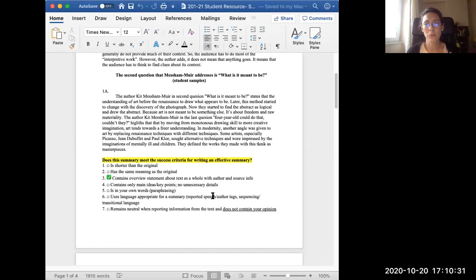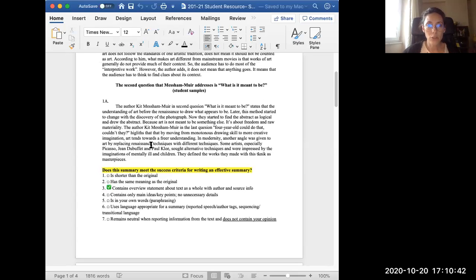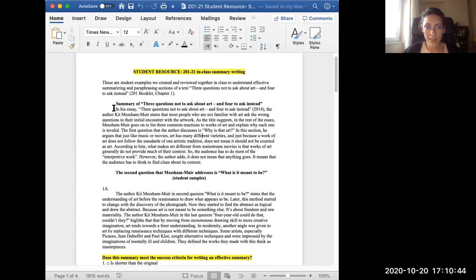We want to make sure the summary is in your own words, so paraphrasing, that's why we practice that in this class. You need to use language that's appropriate for a summary. So if you look at where we started here, in his essay, we are constantly referring to the author.